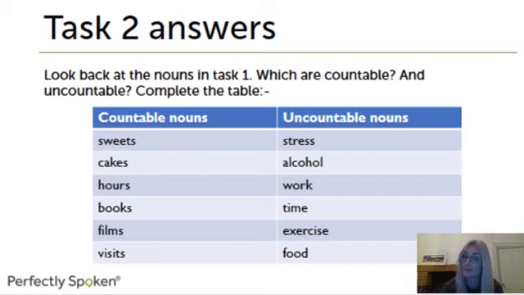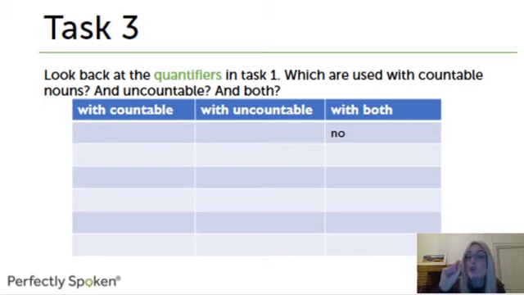Is it? Yes, it is. Friends of mine eat no sweets because they want to stay slim. So no is an example of a quantifier that can be used with both.